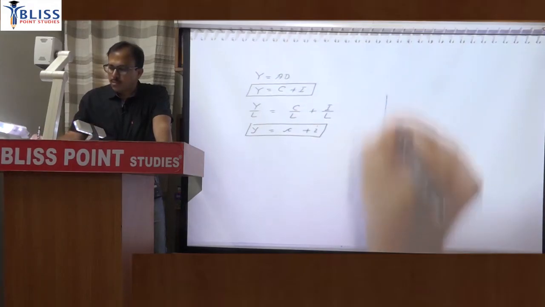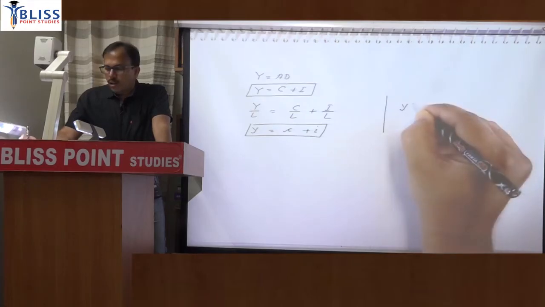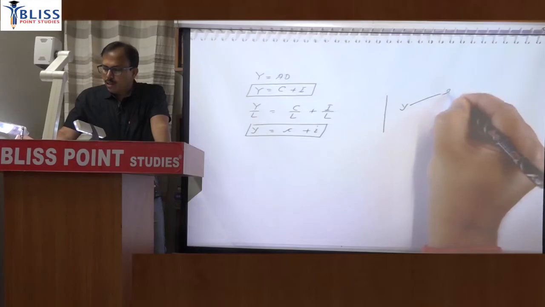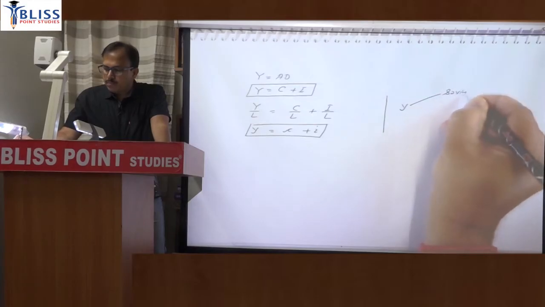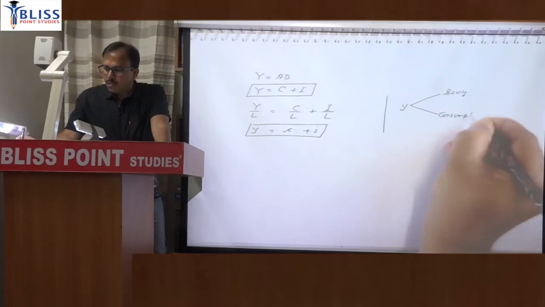This actually means if the income is y, one part of that income has been saved, and the remaining part of the income has been spent on consumption.